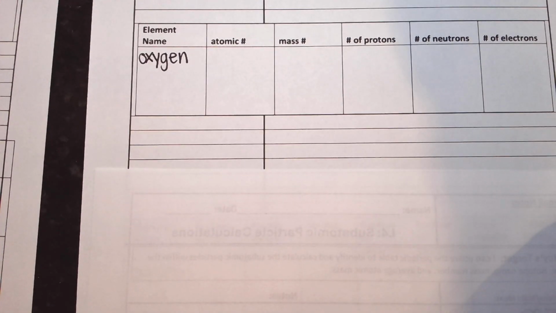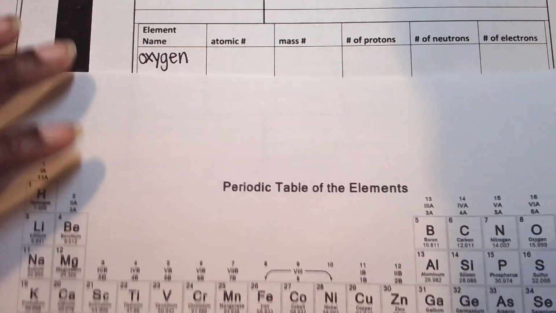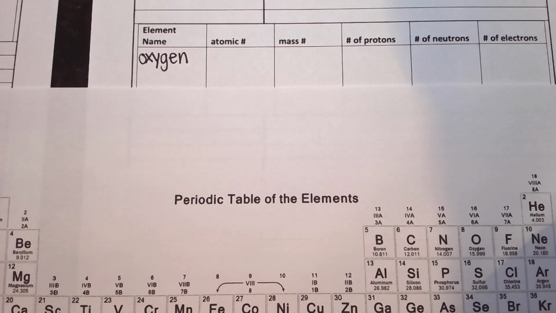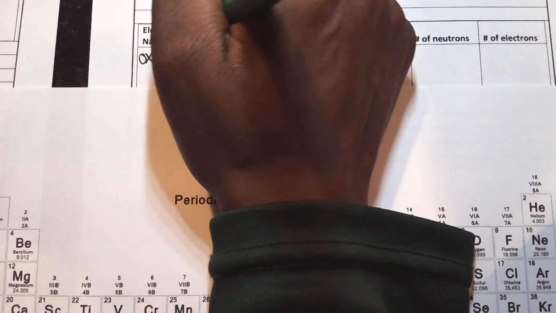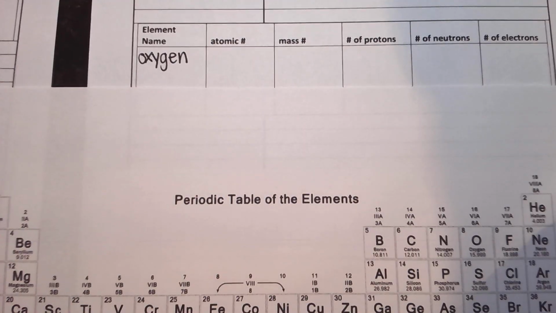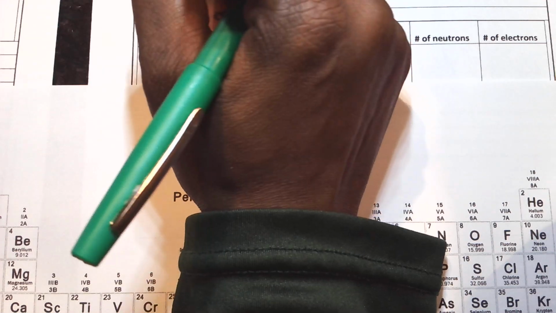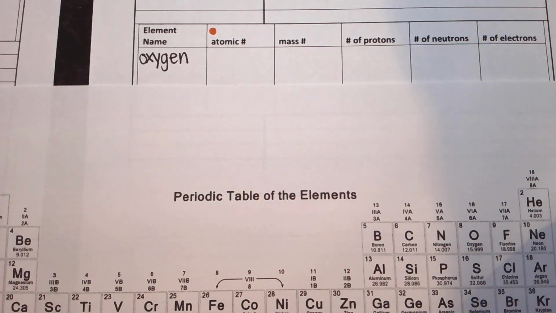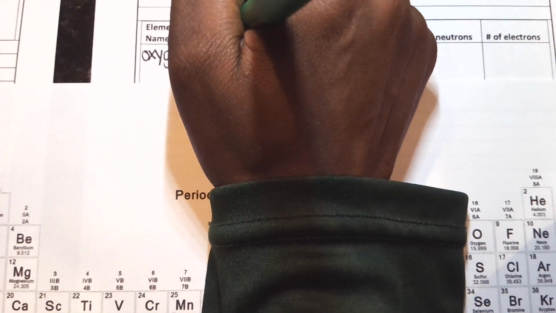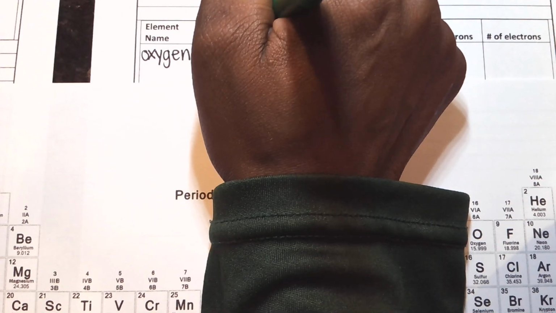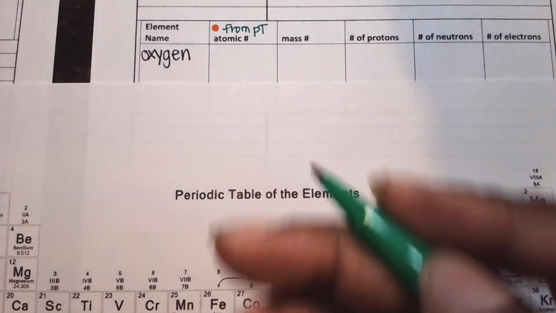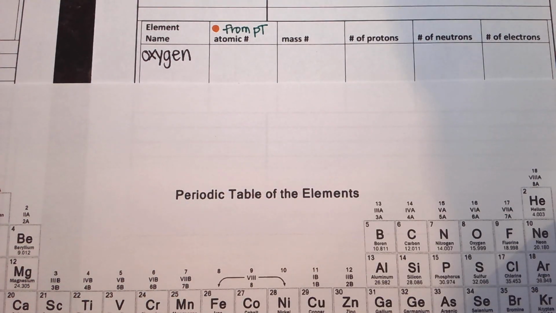First, let's focus on a simple example of oxygen. Now, if I look at the periodic table, my atomic number is going to come directly from the periodic table, and it's going to be a whole number, okay?